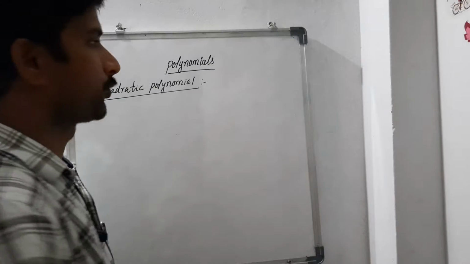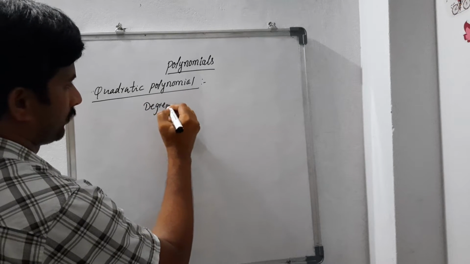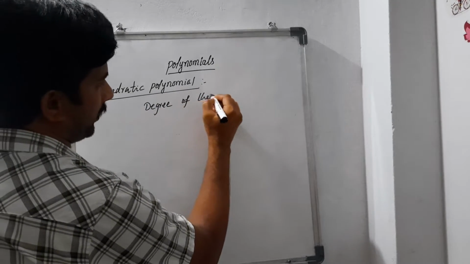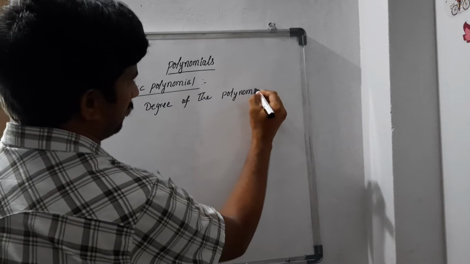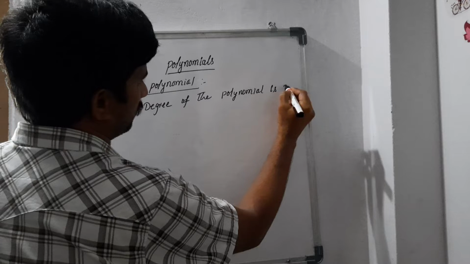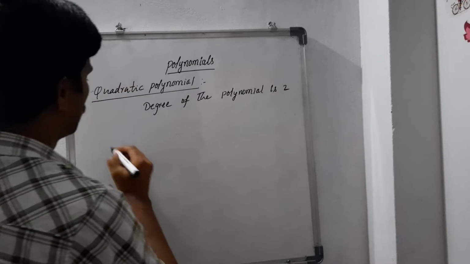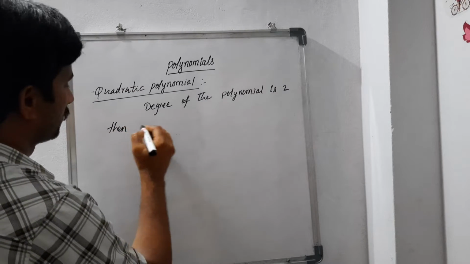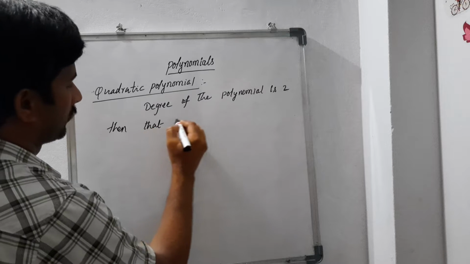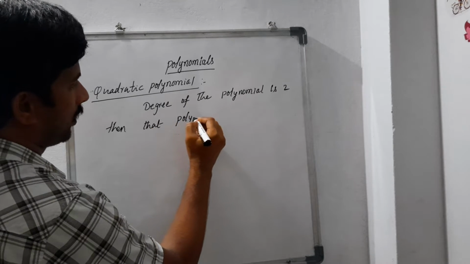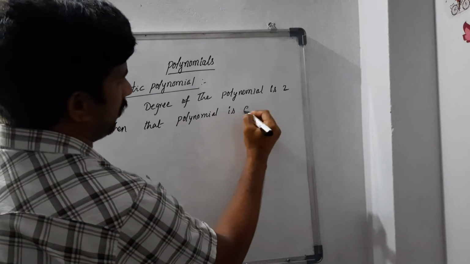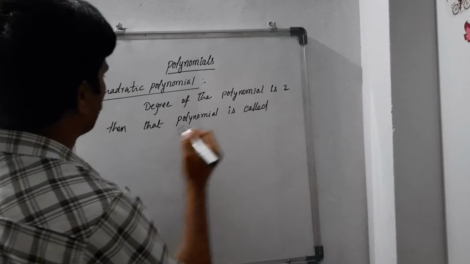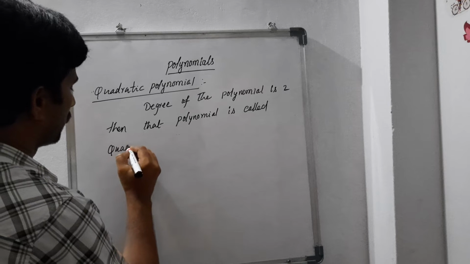So if the degree of the polynomial is 2, then that polynomial is called a quadratic polynomial.